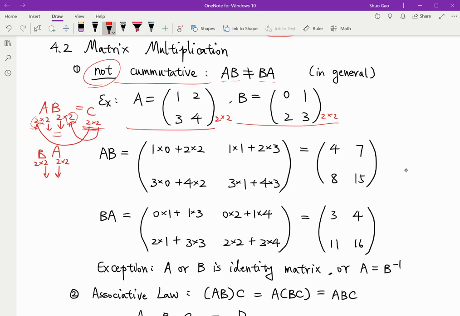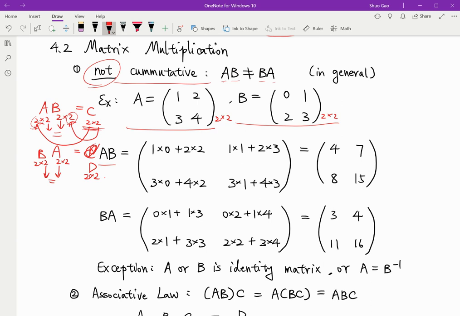So when we change the order, we can still calculate the multiplication since all of them are 2. So these two numbers are equal, and the resulting matrix, we call that D, should also be a 2 by 2 matrix, right? Okay, so we can calculate first A times B.